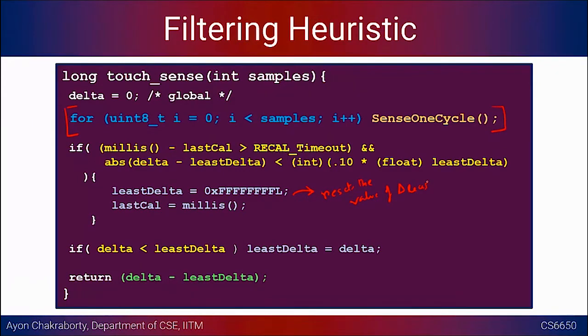So this is a very high value, and then typically it is going to be updated as the deltas keep on coming. We are always trying to make sure of the time that has elapsed. millis is going to give you the current time in milliseconds, and minus last cal is basically the time the system was last calibrated.